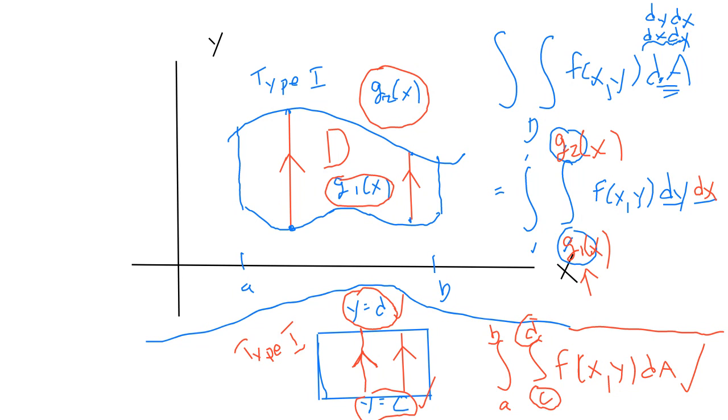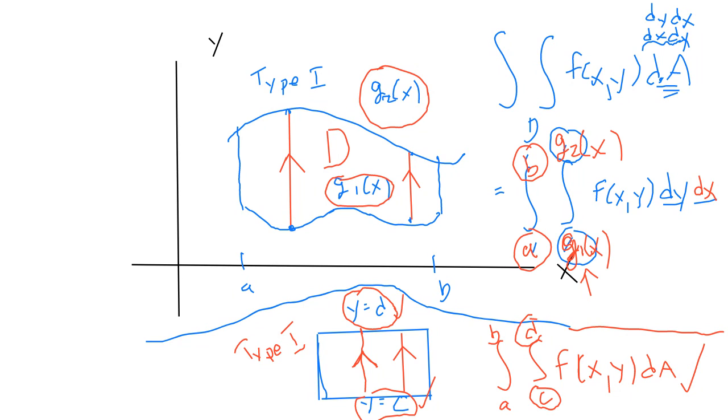So G1 of x and G2 of x. What about your dx? What are your x limits going to be? Right, the bottom limit is A and the top limit is B. So this is really a continuation of section 12.2.